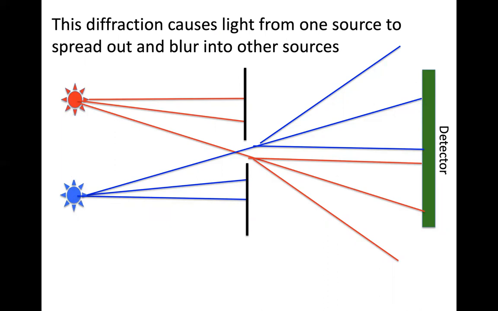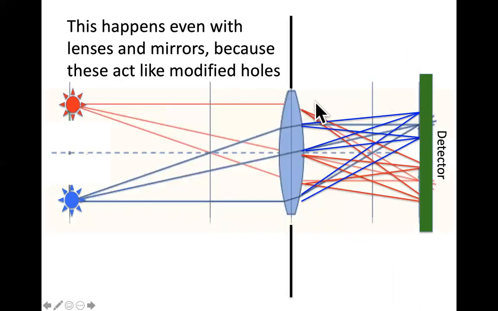Now, this is a problem with a simple hole camera, but it also occurs with any optical element because anything like a lens or a mirror is effectively a modified hole. The lens is only focusing light from a finite region. So this corresponds to a hole in a plane that is marked here with a line.